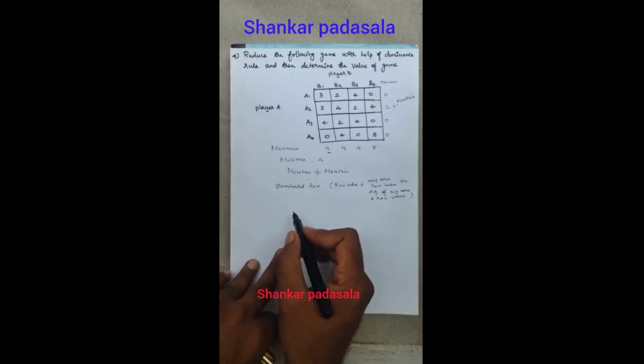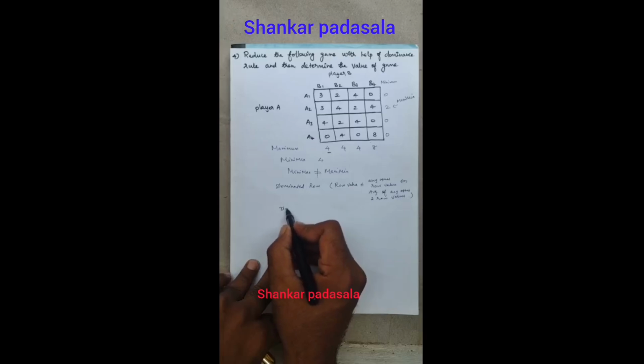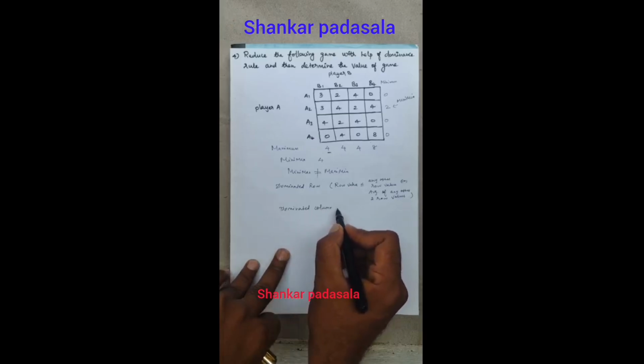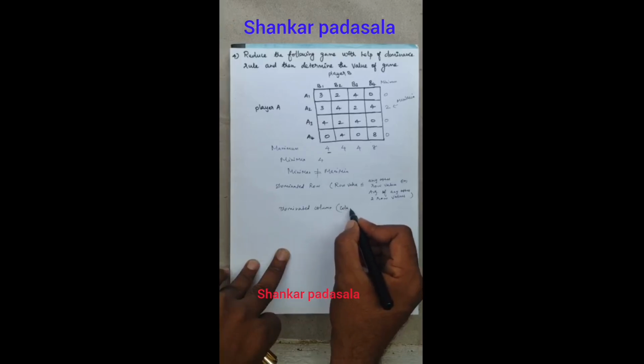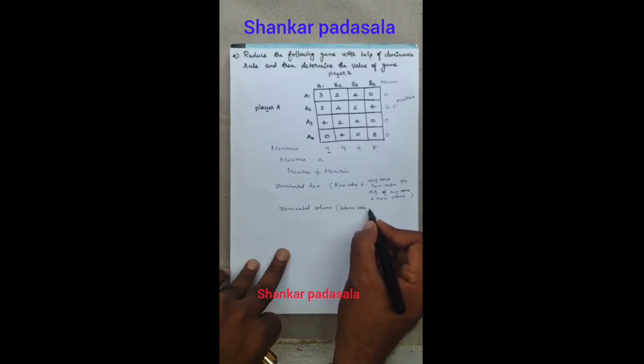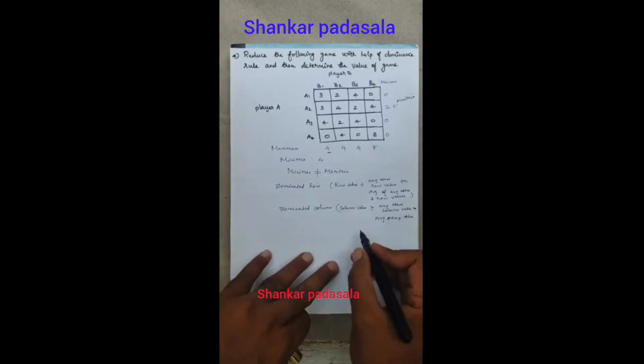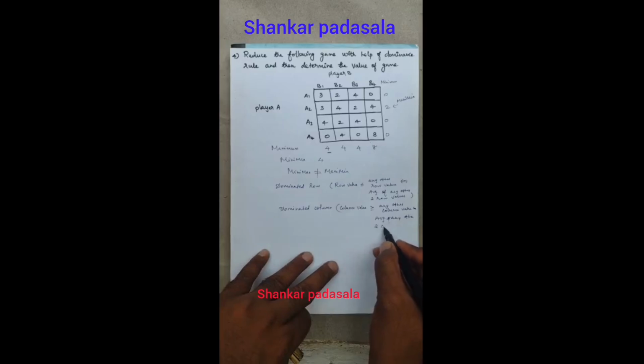But in a dominated column, the column values are greater than or equal to any other column's values, or the average of any other two column values.